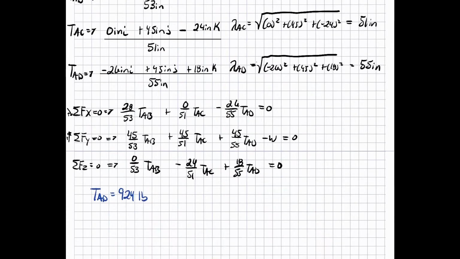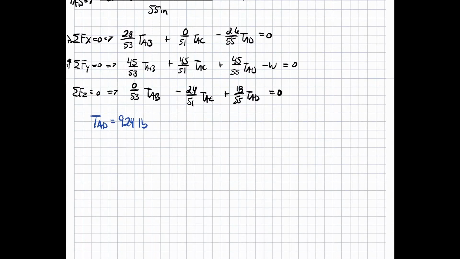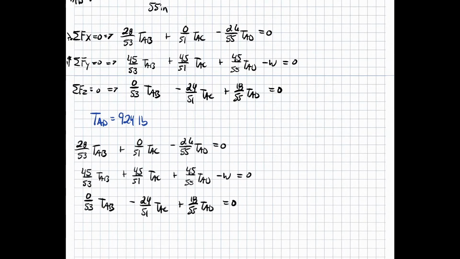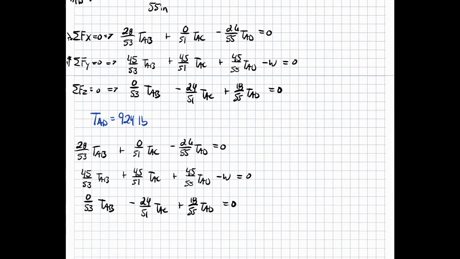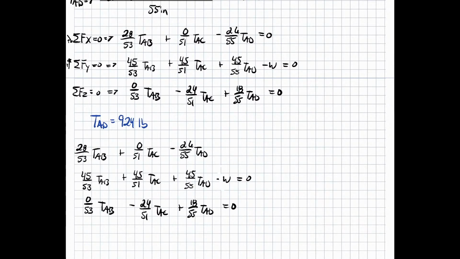Okay, so that means that we can add in the value for tension AD. So we'll take some of this off so we can factor that in. So all that's times 924 pounds, 924 pounds, and 924 pounds, all three.